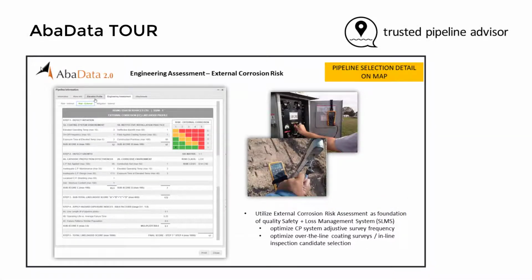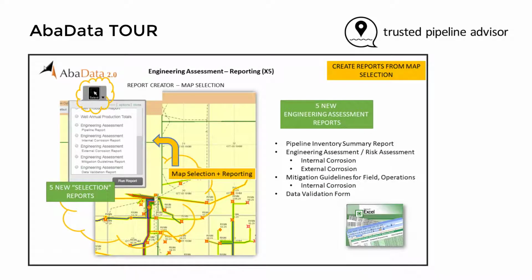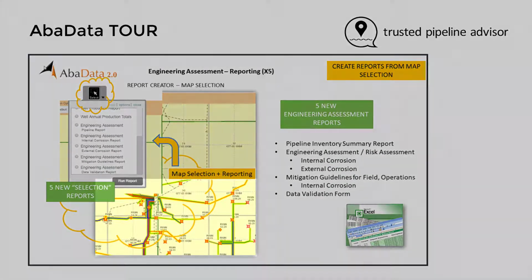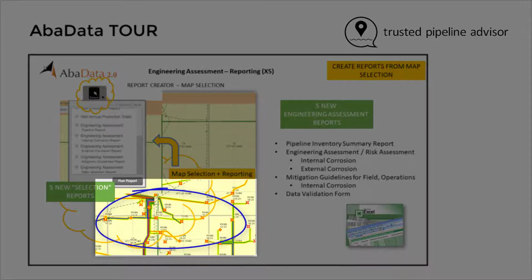By application of the TRIAGE risk assessment results, field operations teams can improve the reliability of corporate pipelines at a substantially reduced overall cost. From within the AbaData map view, or by use of custom pipeline lists, the user can make a sub-selection of pipelines that are within his particular remit.